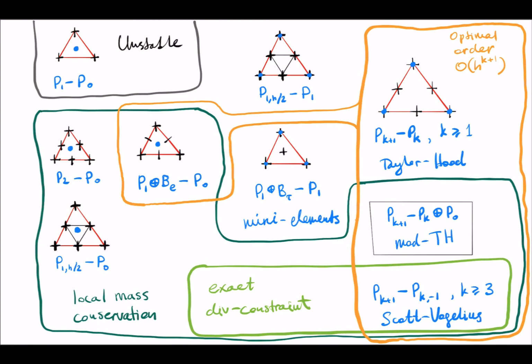If you want to get that kind of property, you can use the so-called Scott-Vogelius element. These are basically higher order versions of these elements, but the pressure space must be at least order 3, and these elements are known to be stable. They will satisfy the exact divergence-free constraint.